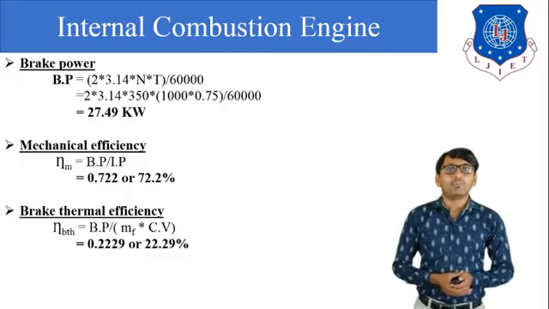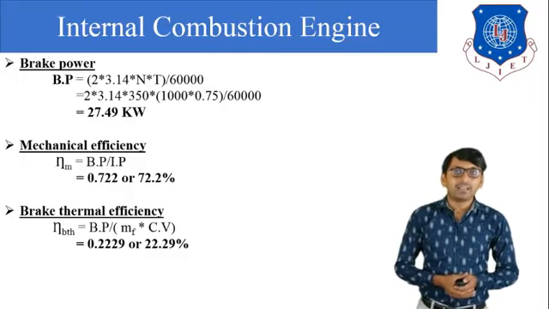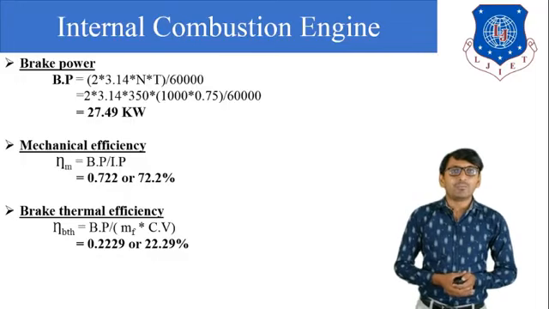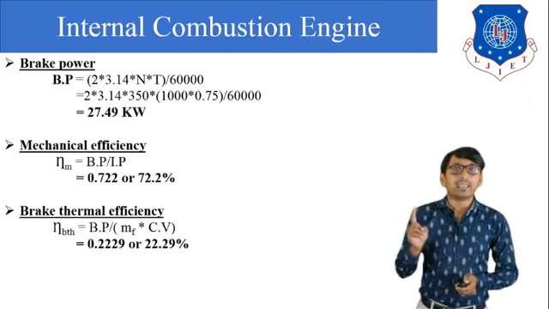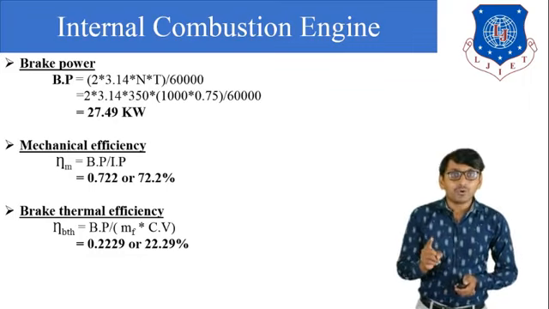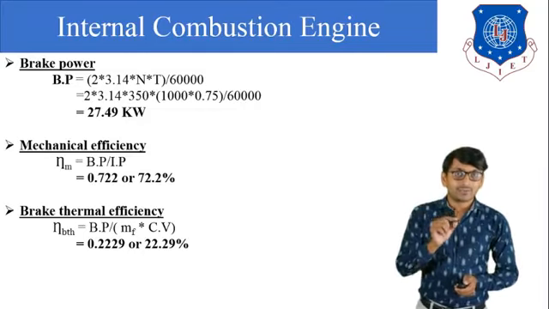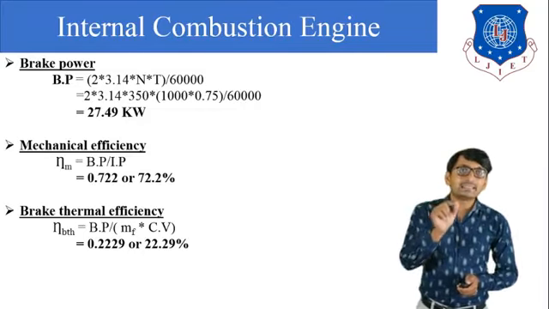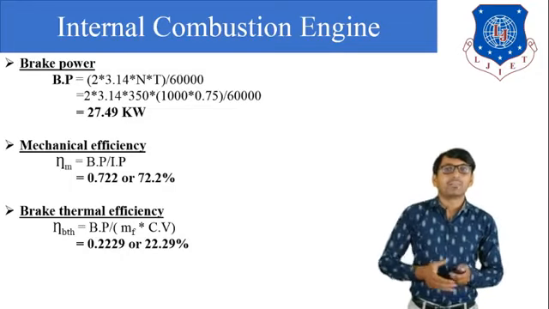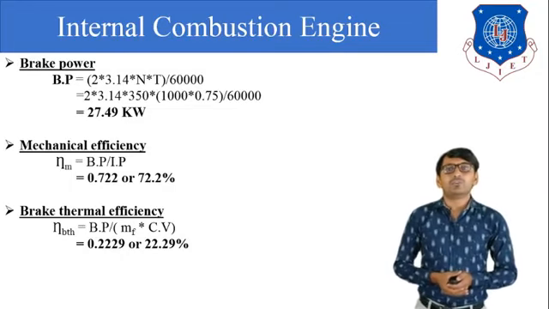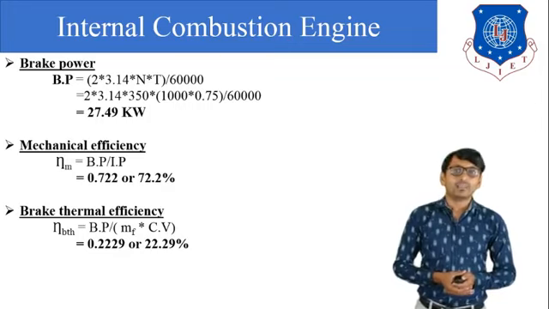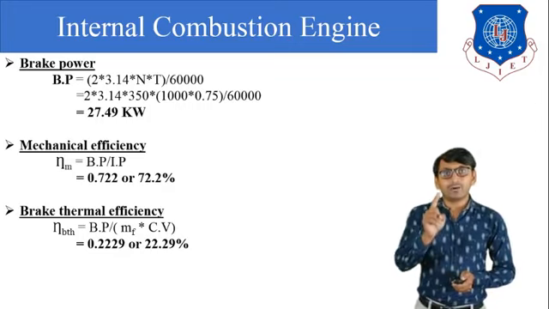By putting the values of brake power, MF and CV, we get 0.2229 or 22.29%. Remember here MF, mass of fuel, we have to put in kg per second, so divide by 3600. So here we get the value 0.2229, so 22.29%.